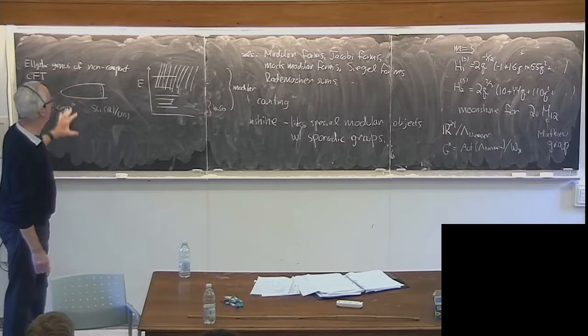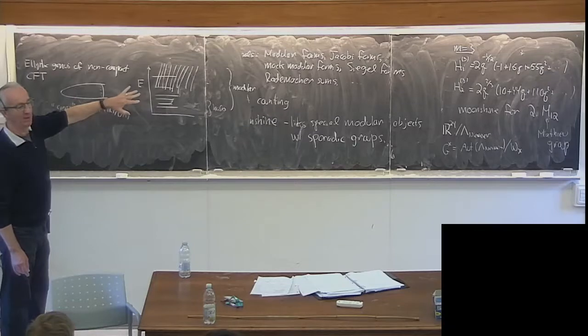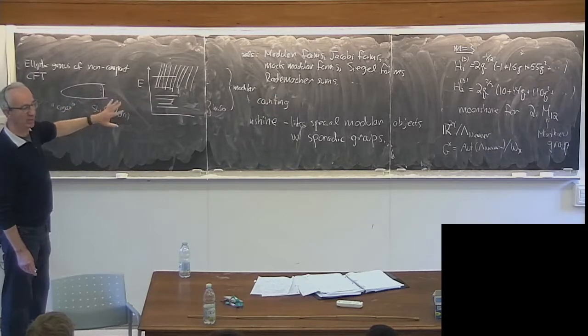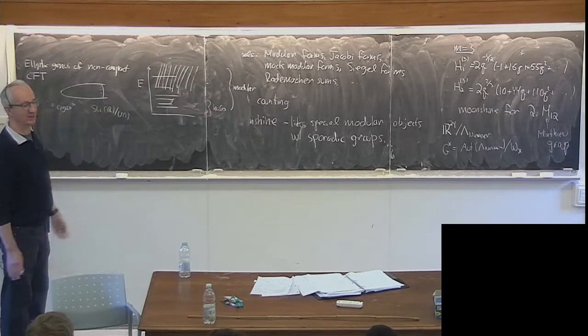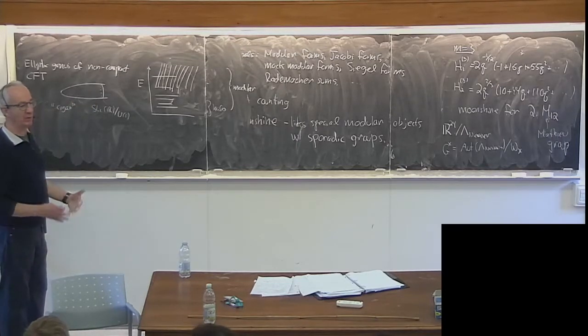But I don't know of an example like this that really directly gives you the mock modular forms of umbral moonshine on the nose and explains what's going on. I mean, there's some relations, but I don't think there's a completely satisfactory story yet. But this is one way of trying to get something mock modular out of a conformal field theory, but one that has a non-compact target space.